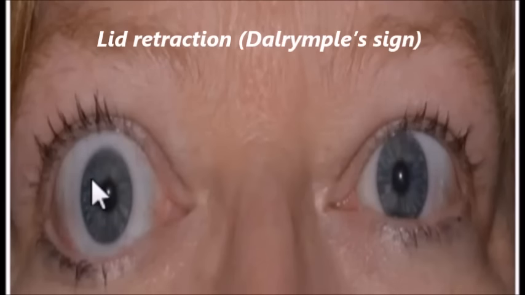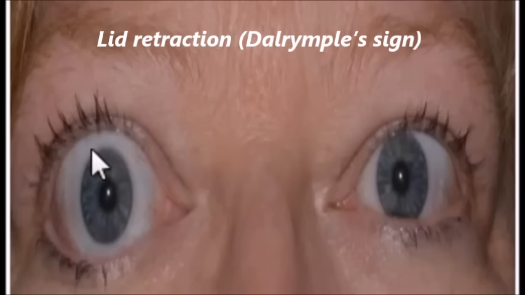Now you can see here the earliest sign that arises in the eyes of thyrotoxicosis patients is the lid retraction. Lid retraction of the upper eyelids is the first thing that appears in the eyes of hyperthyroid patients. And because of this lid retraction, the sclera gets exposed.